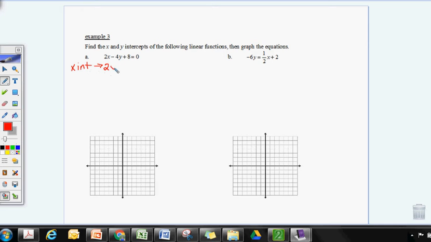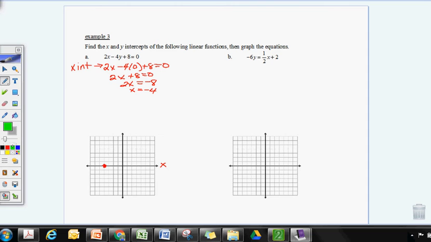So I get 2x minus 4 times 0 plus 8 equals 0. 2x plus 8 equals 0. 2x is going to equal negative 8. X is going to equal negative 4. Okay, x-intercept on my x-axis at negative 4: 1, 2, 3, 4. I put a little dot.